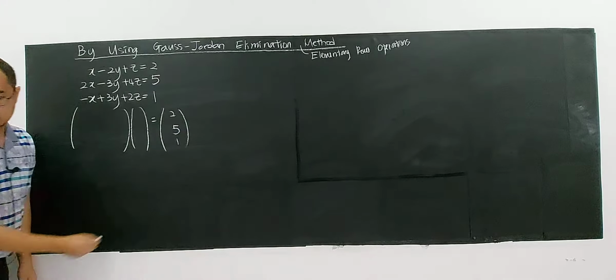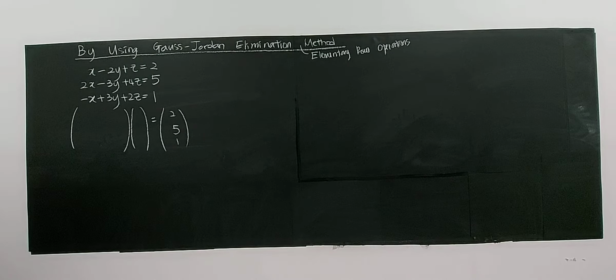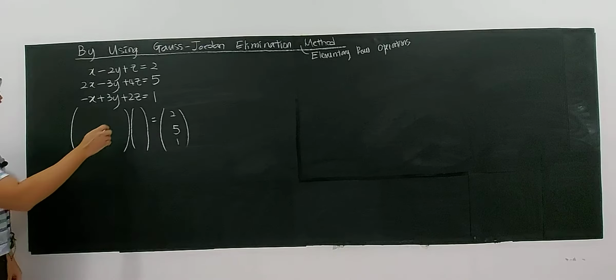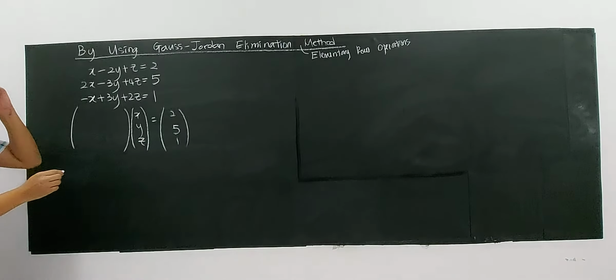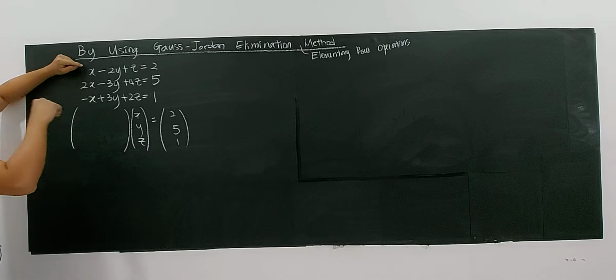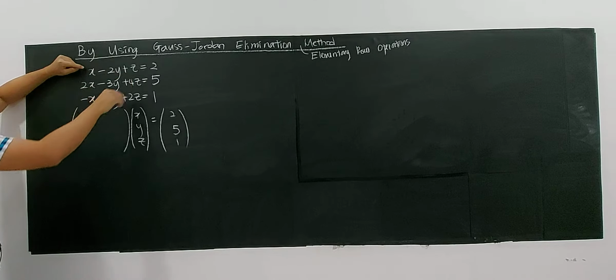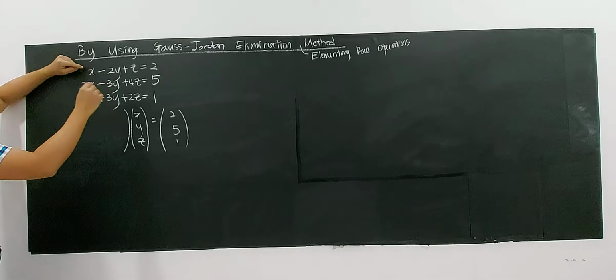2, 5, 1. So we can convert into a matrix form. After we convert, you have x, y, z. It's just like when you solve the simultaneous equation by using the adjoint method.